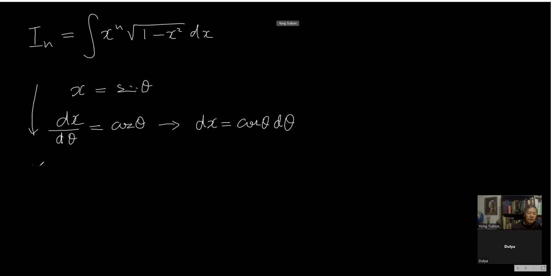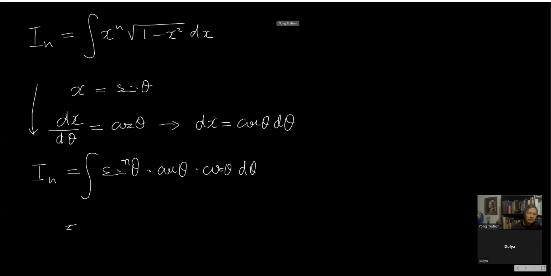So therefore, the original formula can be written as sine to the power of n theta, and 1 minus sine square is the square root of cosine square. Oh, we have hope now. So dx is cosine theta d theta.